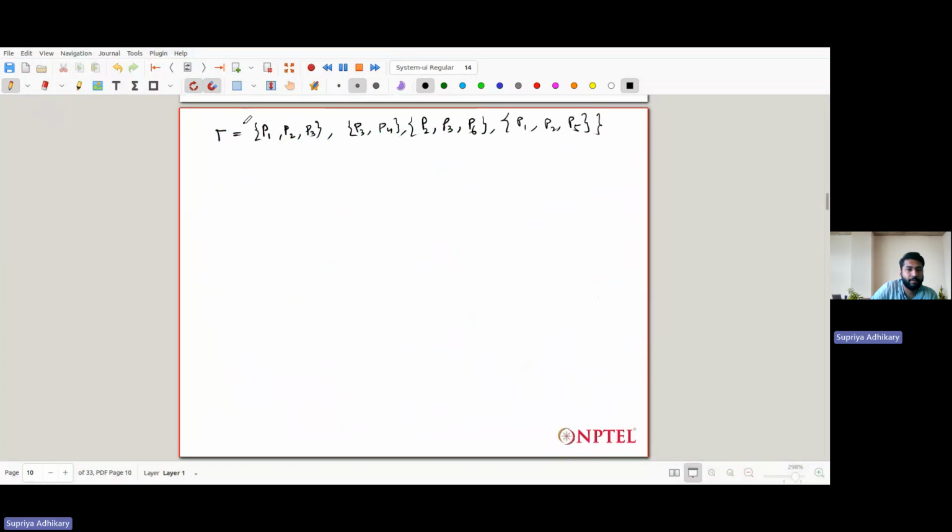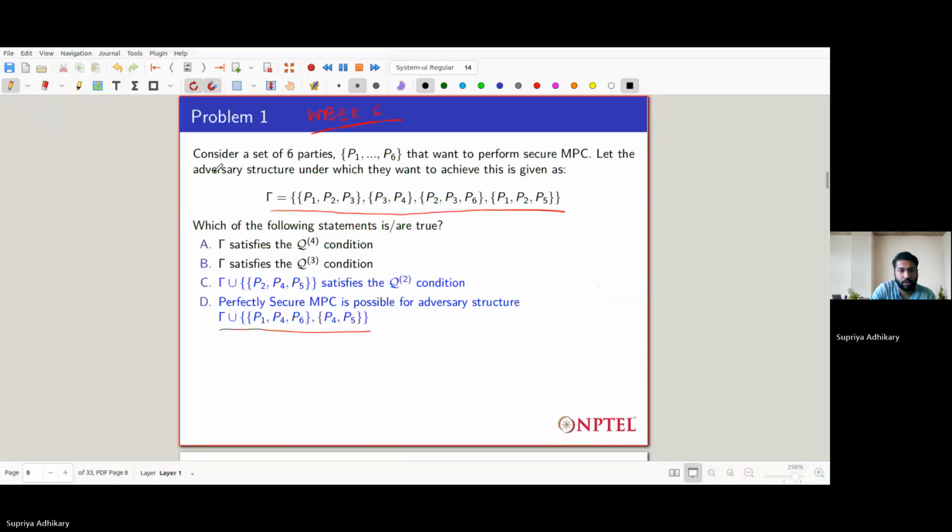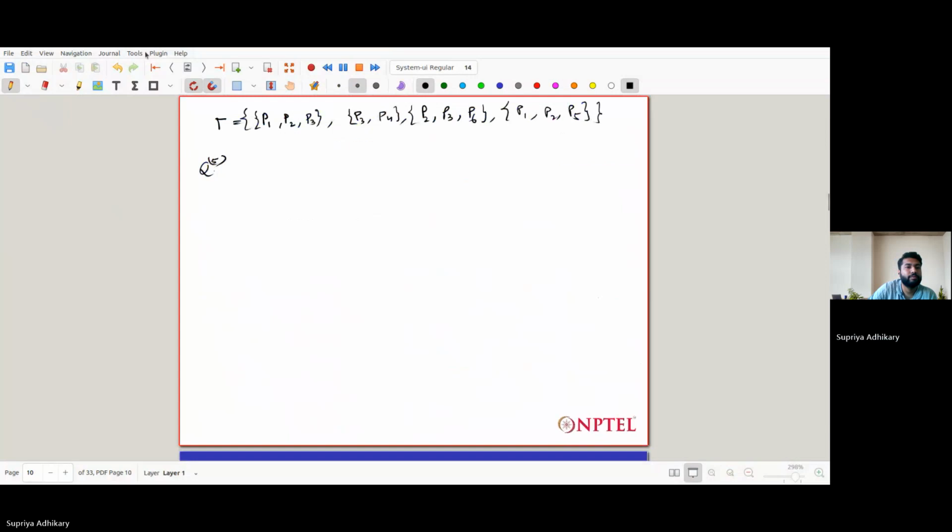So this is our gamma. Now first we have to check whether it satisfies the Q4 condition or not.